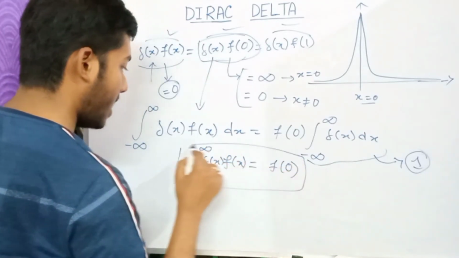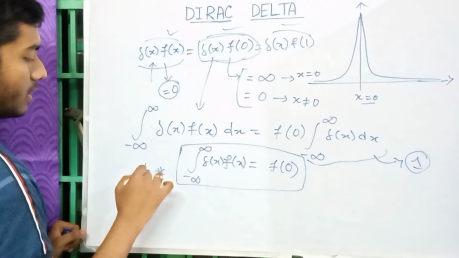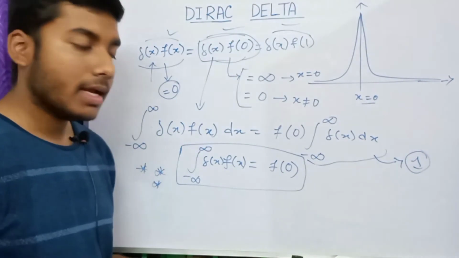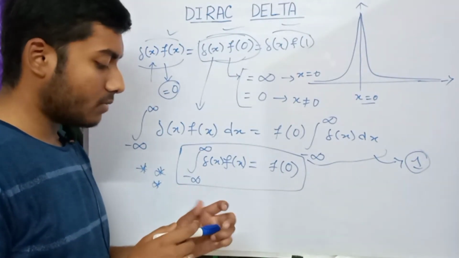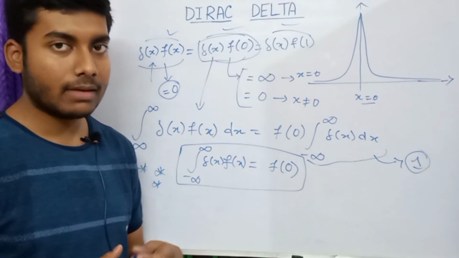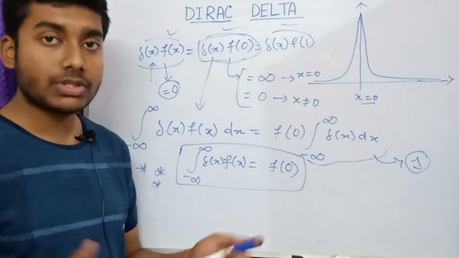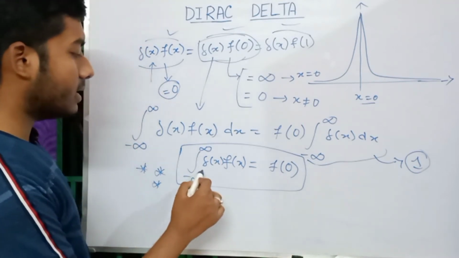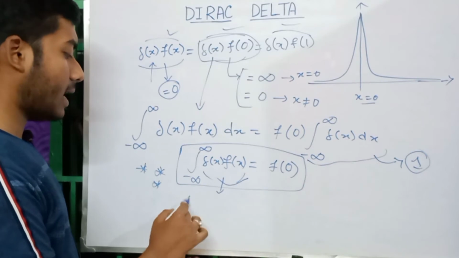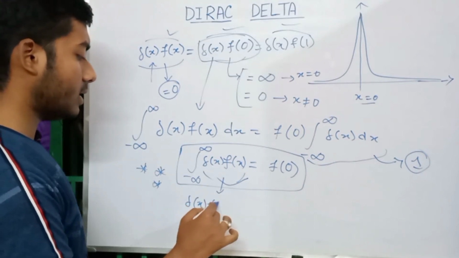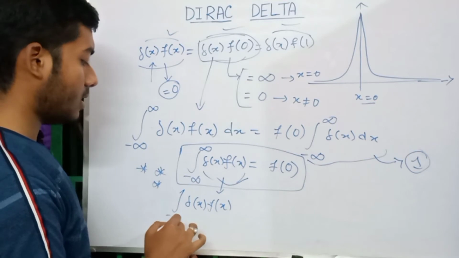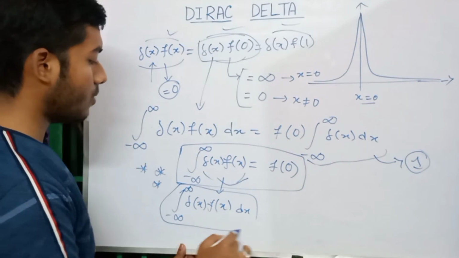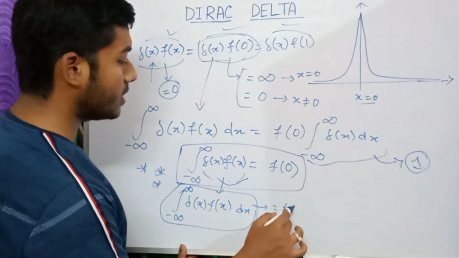So this is a very important property of the Dirac delta function. What does it tell us? It tells us that suppose we have a function f of x and we want to find the functional value at x equals 0, that is, we want to find f of 0. If we multiply the function with the Dirac delta function and take its integral over minus infinity to plus infinity, then we will get f of 0.